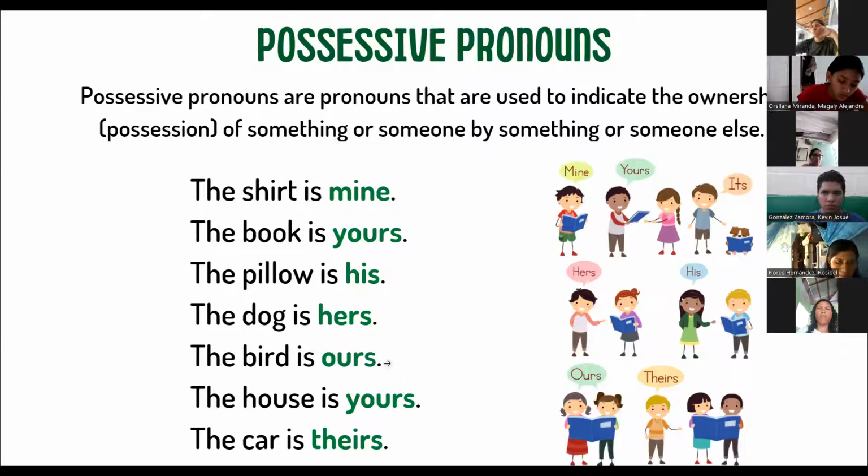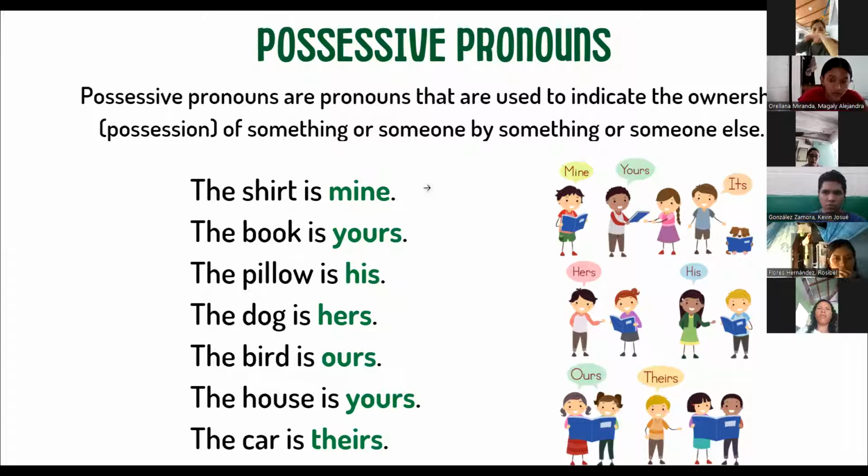There are two differences between the possessive pronoun and the possessive adjectives. Number one is the difference in the meaning that they have in Spanish. For example, if I say the t-shirt is mine, I'm saying la camisa es mía. But if I say this is my t-shirt, sería esta es mi camisa.